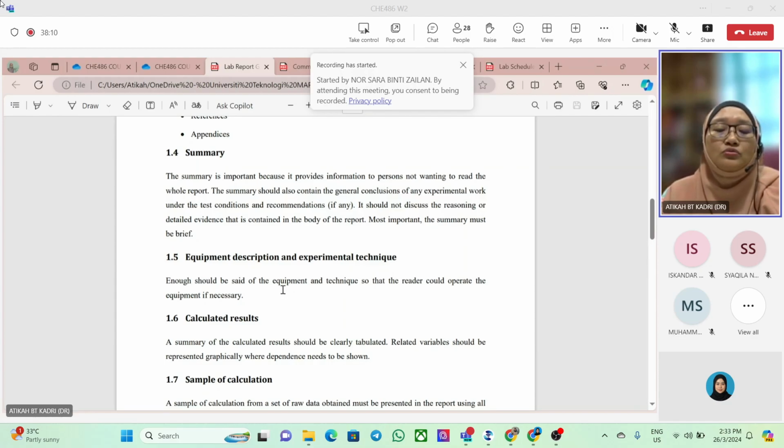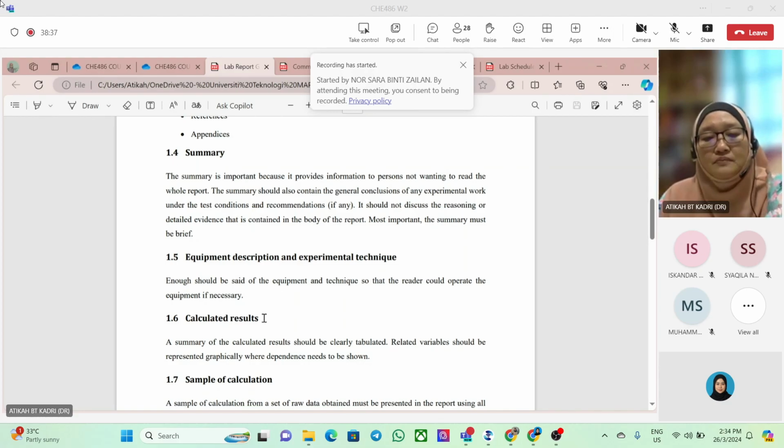However, for close-ended labs, where you are already supplied with the procedure, you just need to follow the procedure and touch up the sentences so that they are suitable for how an experimental report is supposed to be written. Okay, I'll show you later about the method for close-ended.